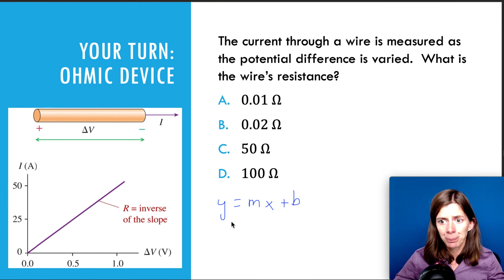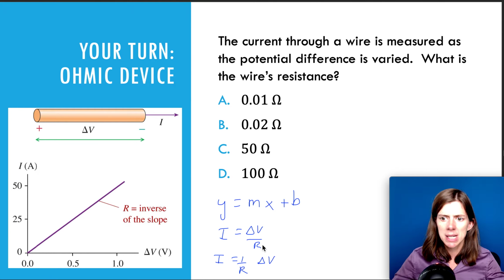And then Ohm's law is I = delta V over R. So what we can do is rewrite Ohm's law so that we have 1 over R times delta V. The reason that I rewrote it like this is because then we can compare it to this equation for a straight line. The y-intercept is 0, so we can cross out the y-intercept. So we have y = mx, and we have I = 1 over R times delta V.